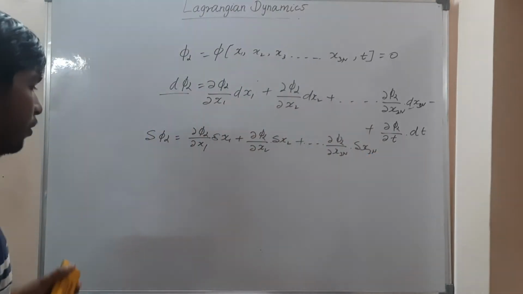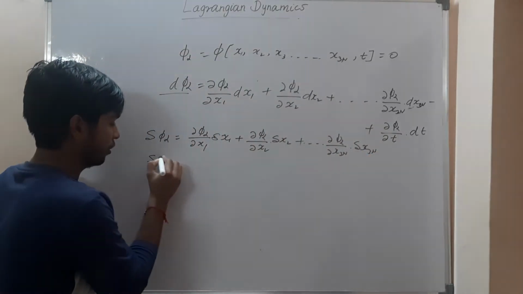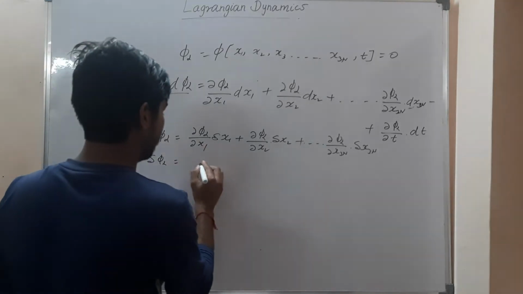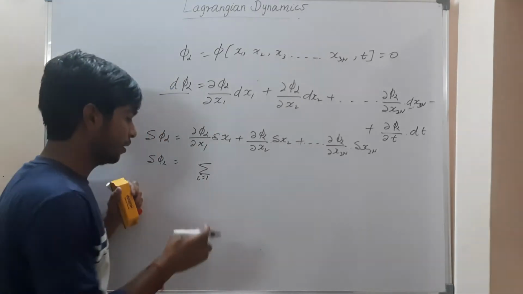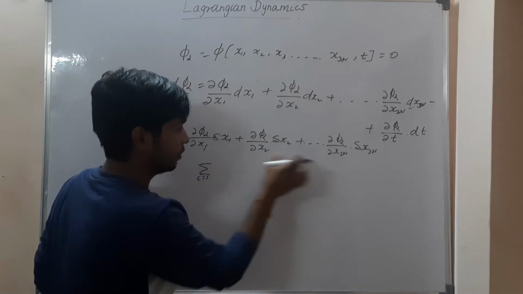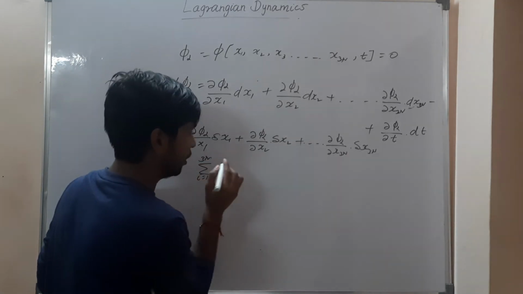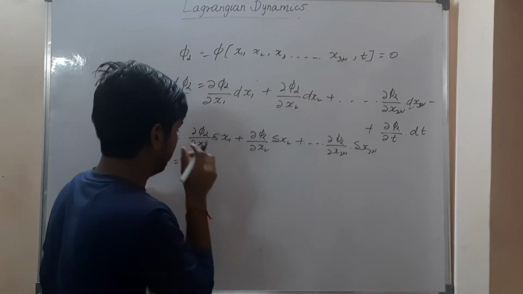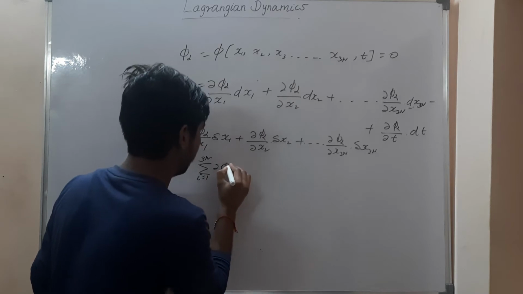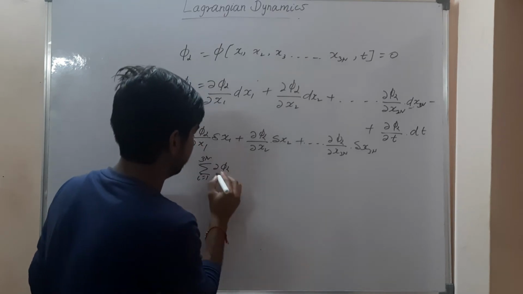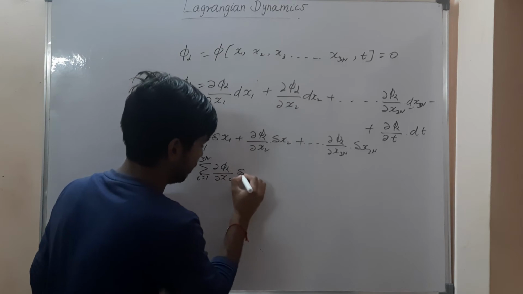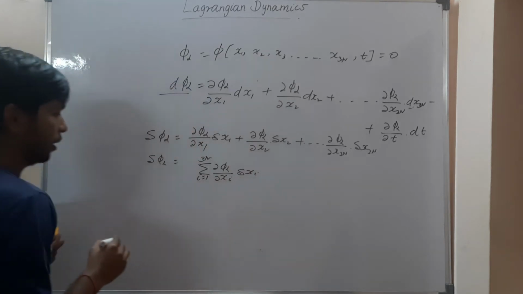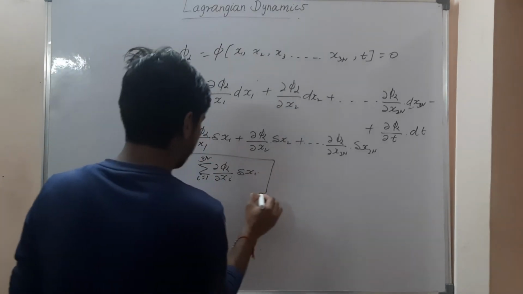Now phi alpha is equal to the sum over the ith term, where i varies from 1 to 3n, of partial phi alpha by partial xi times delta xi. I can write it in this way.